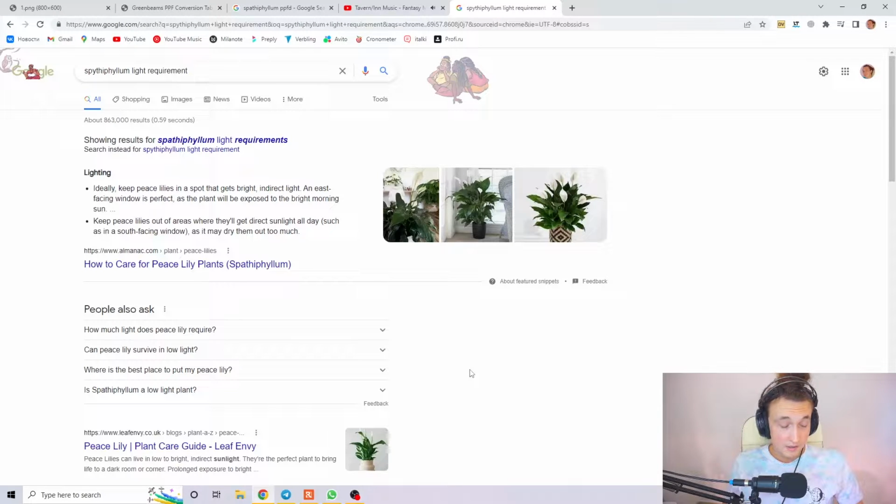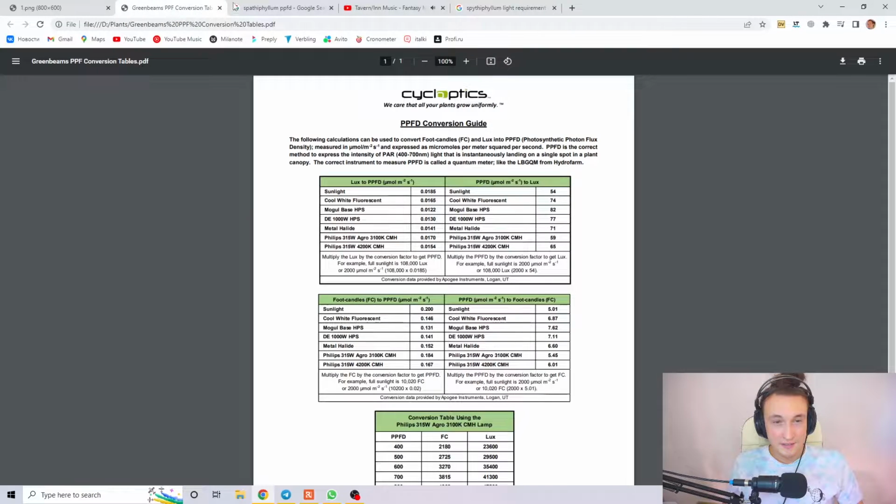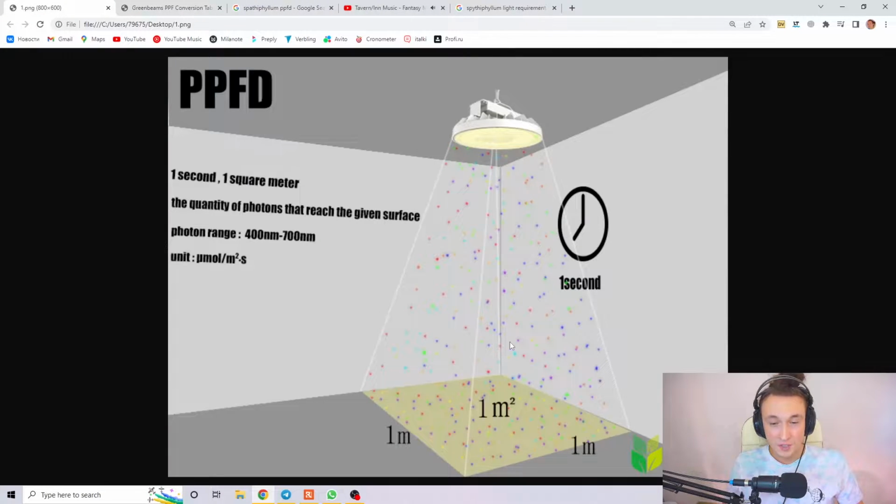And as some people probably know, there is a certain concept of PPFD. And what it means basically is how much light your plant gets, how many photons of light of each wavelength your plant gets.